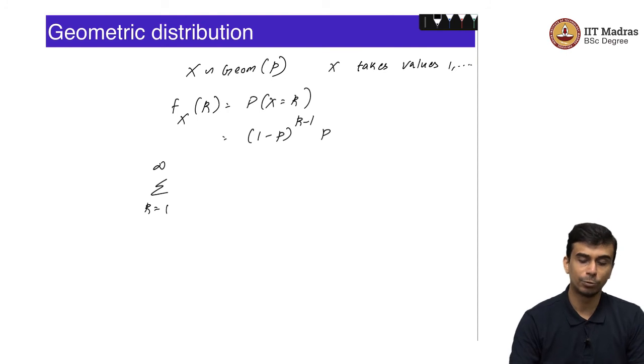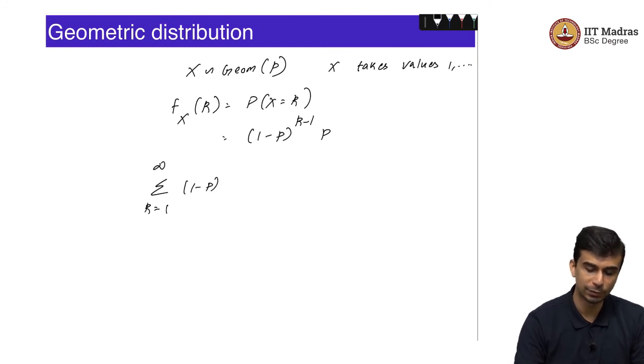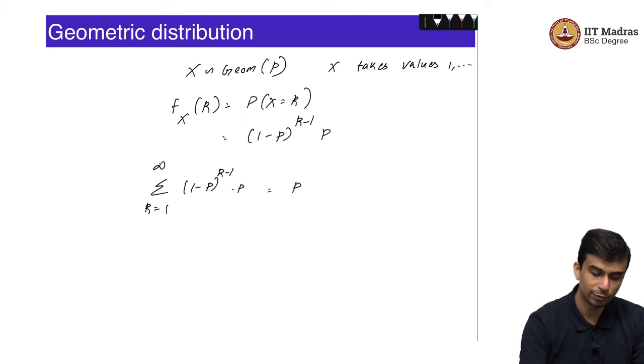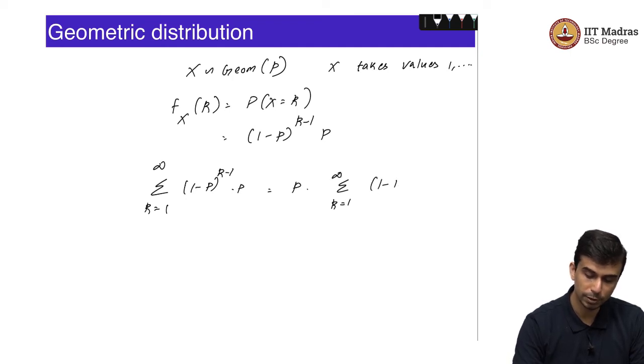First of all, once again you want to check whether this is a valid probability mass function or not. We will do that. Sum over k equal to 1 to infinity of (1 minus p) power k minus 1 into p is equal to p into the sum over k equal to 1 to infinity of (1 minus p) power k minus 1.